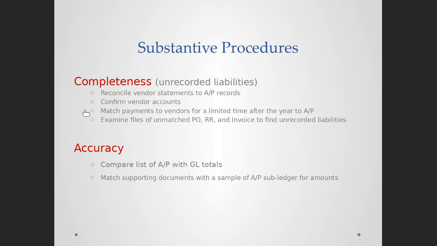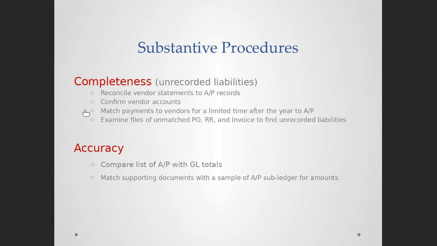The next is match payments to vendors for a limited time after the year to accounts payable. So if there was an accounts payable on December 31st for $5,000, and if you look into the financial statements or the general ledger of January and you see a payment to the same supplier for $5,000, that means that accounts payable that was recorded in December is correct.